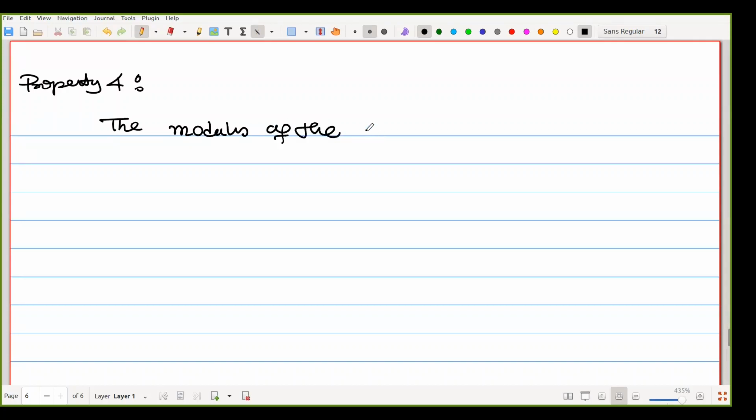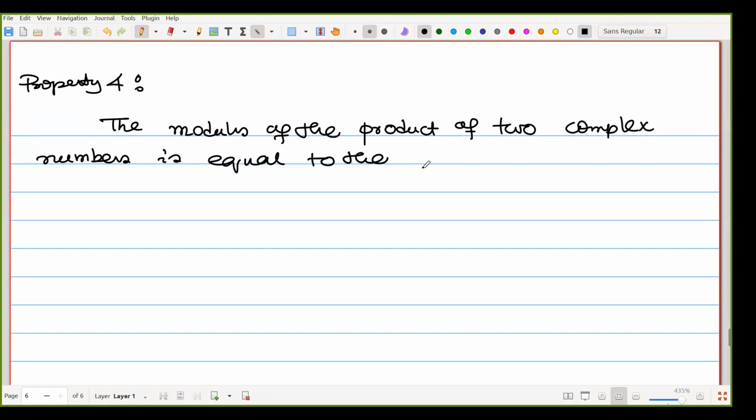And the last property, which is also very important, property 4: the modulus of the product of two complex numbers is equal to the product of their moduli.